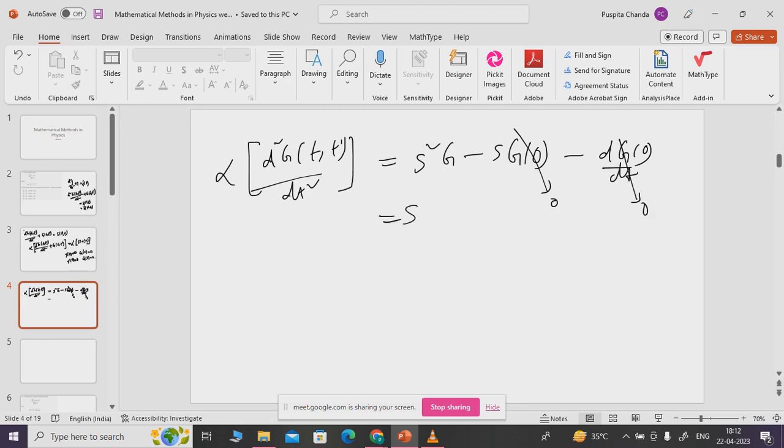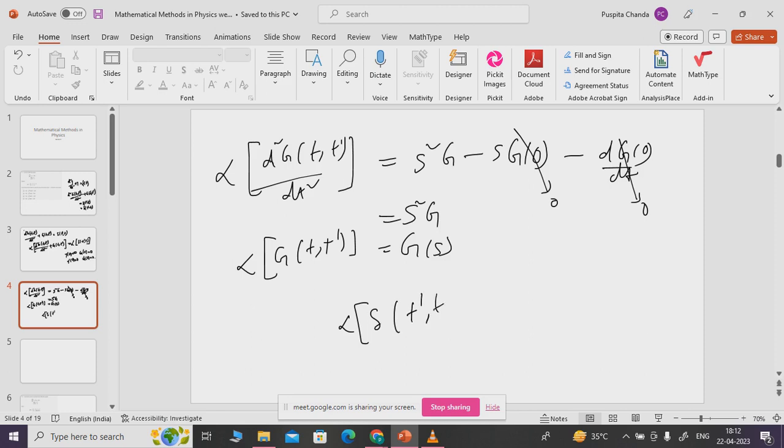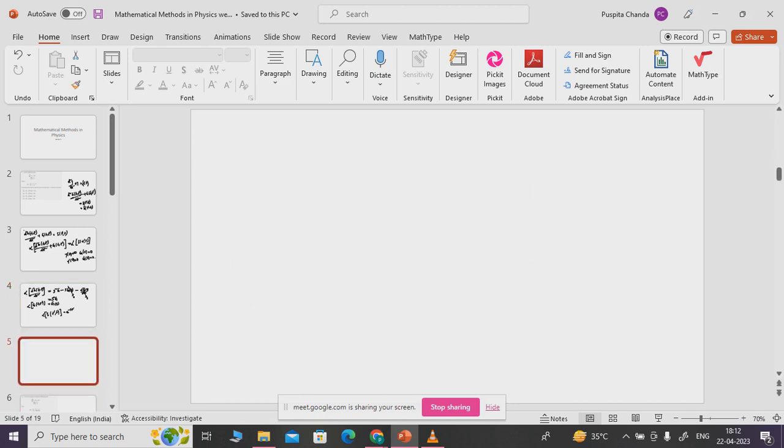So it is only s²G, and the Laplace transformation of G(t,t') is equal to G(s). And the Laplace transformation of δ(t'-t) is e^(-st'). So putting all these values into the equation, we get s²G(s) + G(s) = e^(-st').